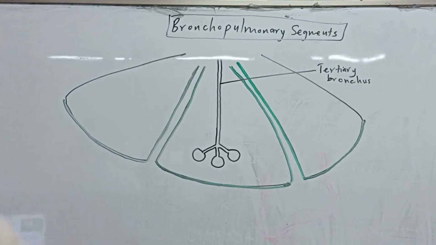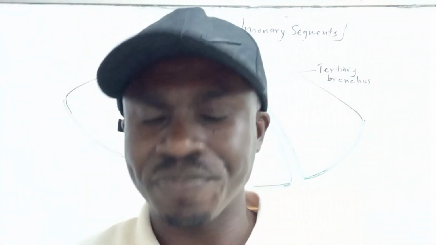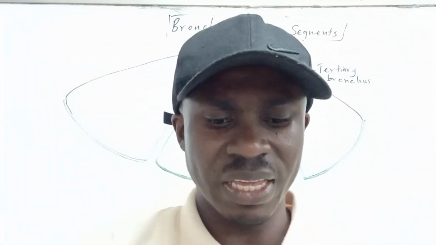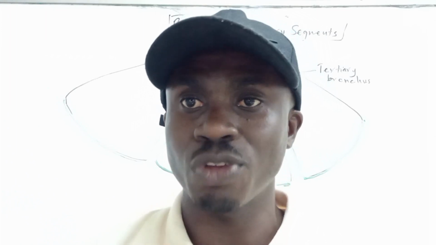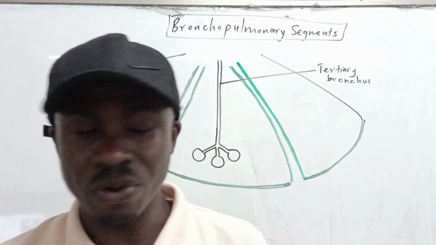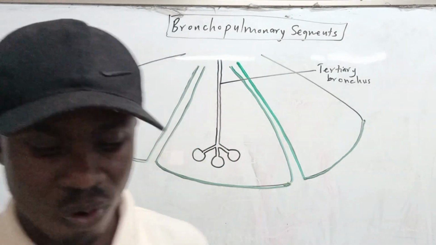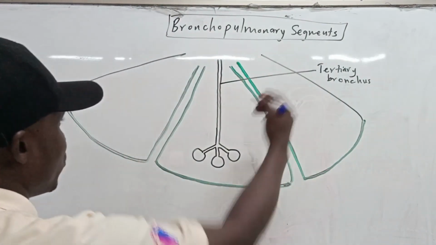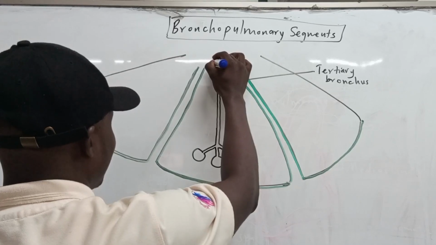And that is why I have to use the blue marker, to tell you that the blood this pulmonary artery is going to carry is oxygen poor blood. So we will have what we call the pulmonary artery. Let me show you that one.